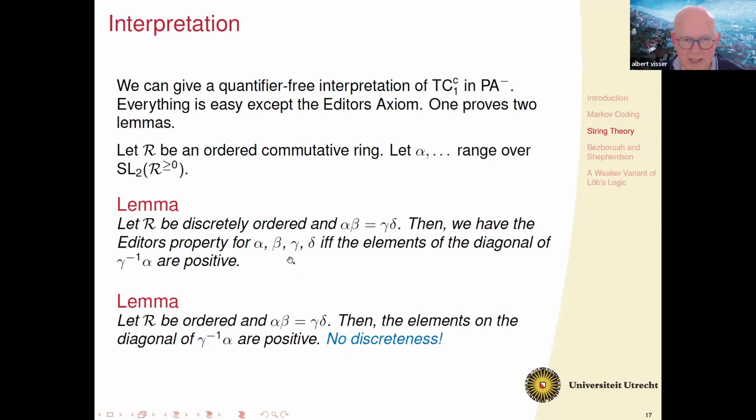So that was easy. And then I thought, well, let's ask ChatGPT this question, but then for using this characterization, and not for an arbitrary discretely ordered ring, but simply for the real numbers.